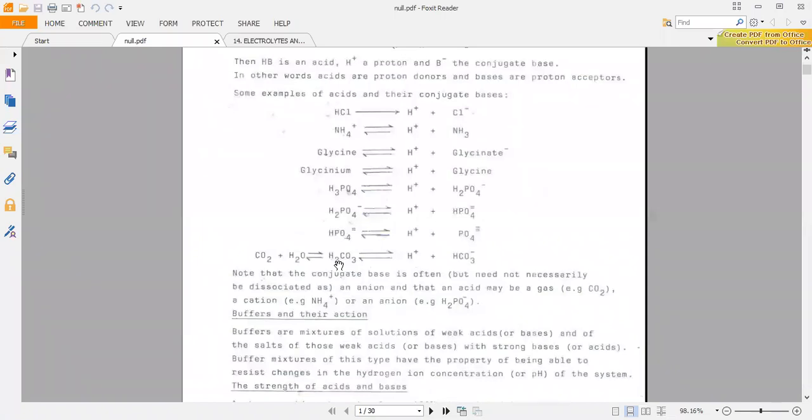So the ones that we should know are HCl, NH4 plus, then the phosphates, and then the bicarbonates.